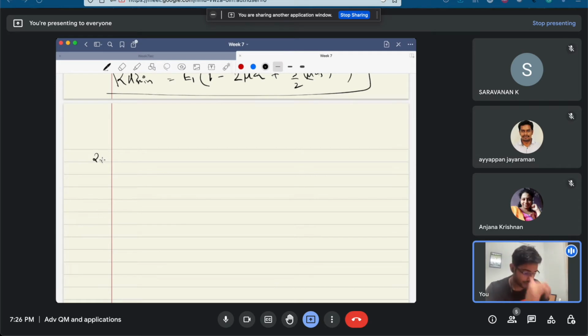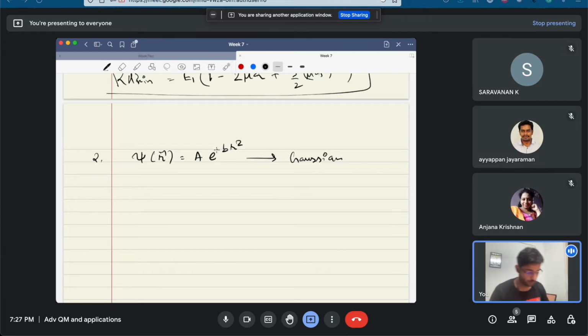So like a trial wave function, what we are going to do is consider psi of r as A e to the power minus b r squared, which you know is a Gaussian and mostly the ground state for the harmonic oscillator, but we are going to check the ground state energy that a Gaussian gives in the case of hydrogen atom.